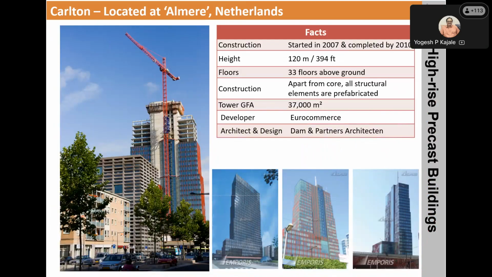When we started the designing and planning of this particular building, we also conducted an overview of where reinforced cement concrete precast construction systems have been deployed on high-rise buildings.